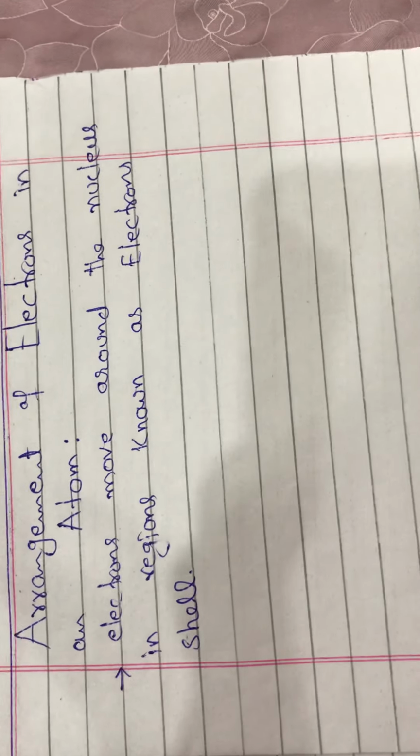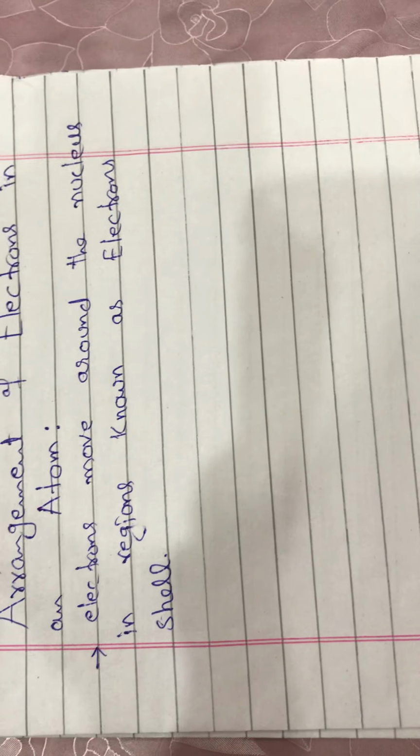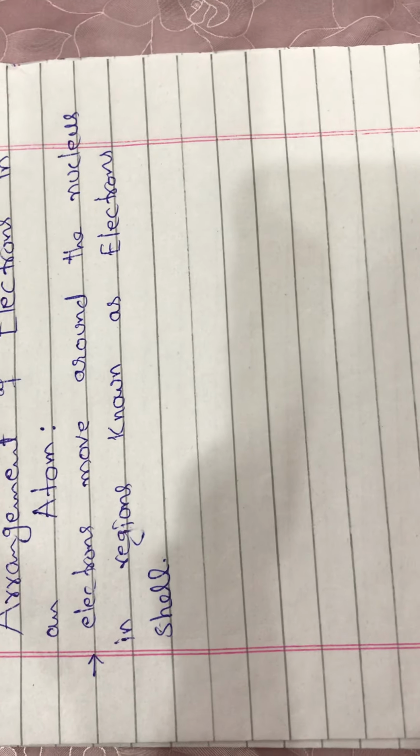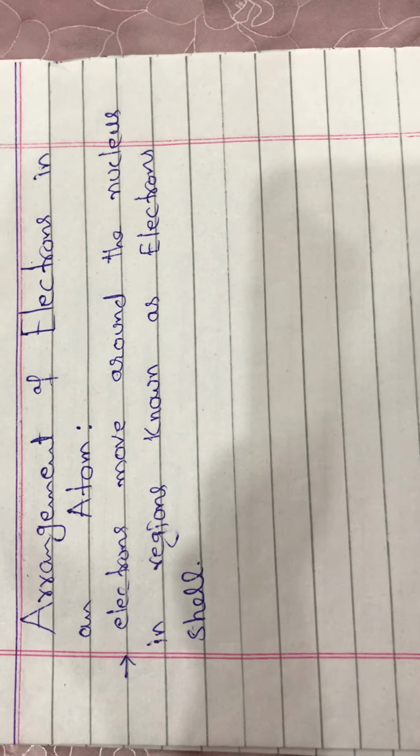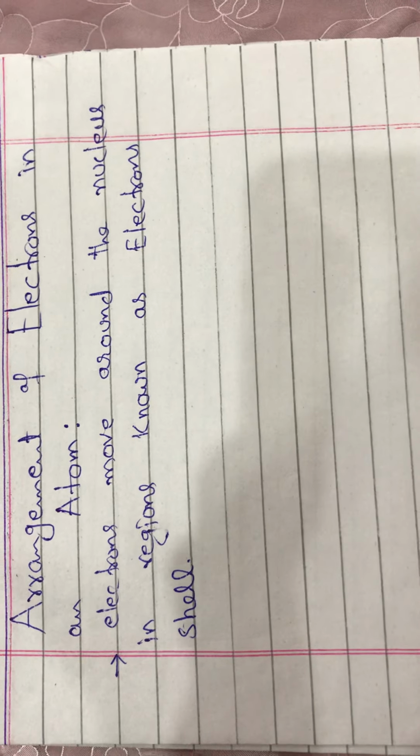So basically, electrons revolve around the nucleus in the regions that are called electron shells.